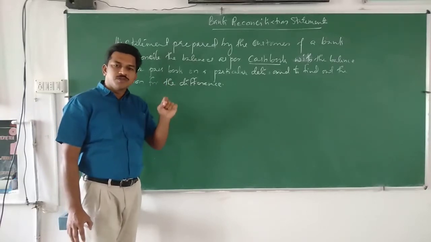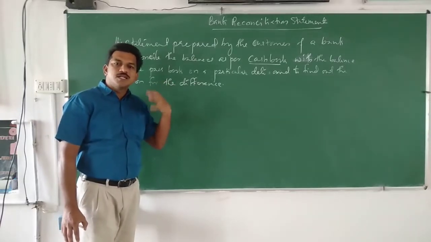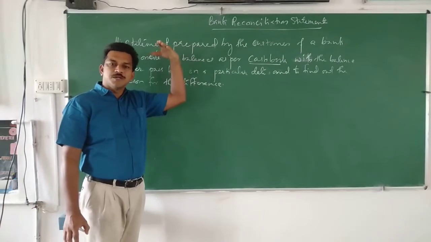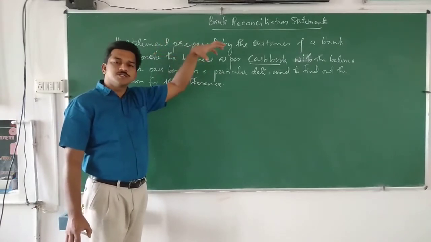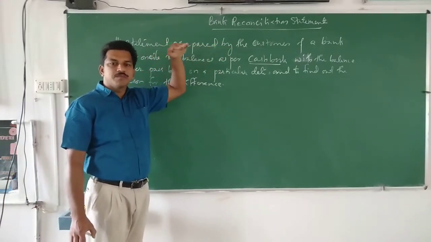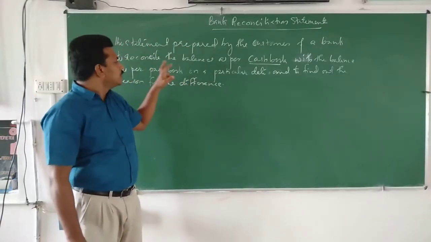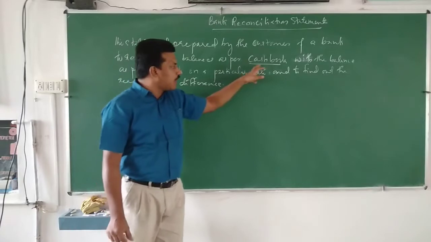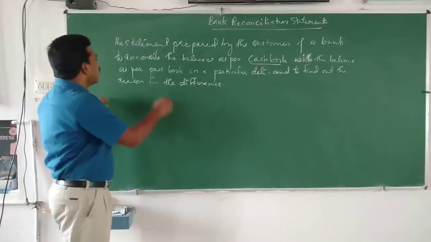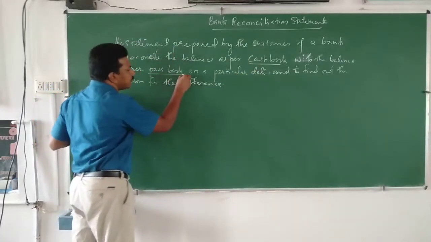In that column, what entries are written? Entries related to the bank are written, and the balance shows what balance is there in the bank account. So, reconcile the balance as per the cash book and the balance as per the passbook.